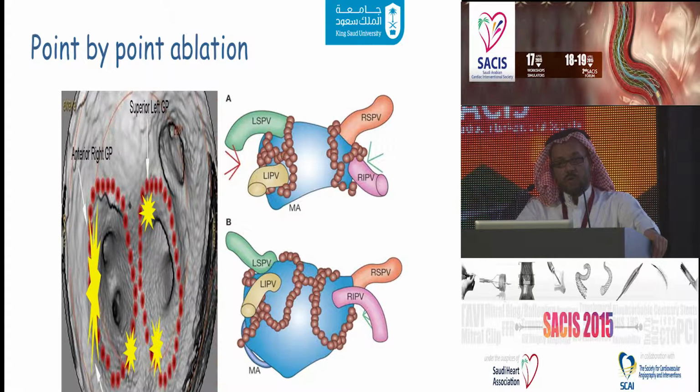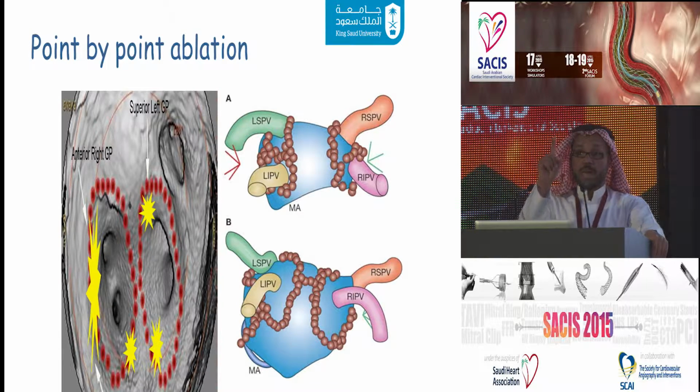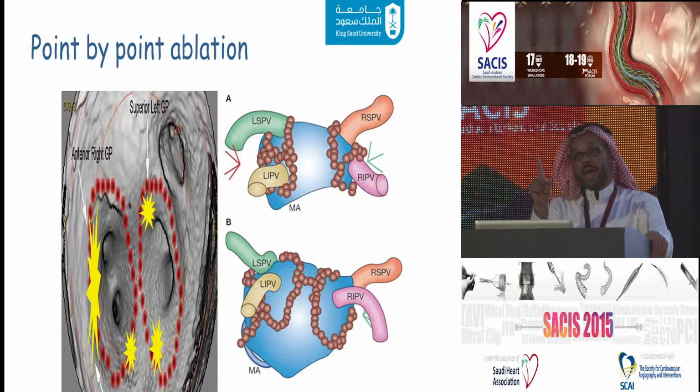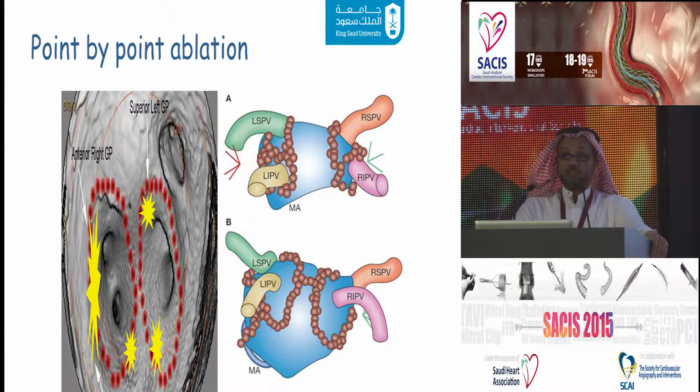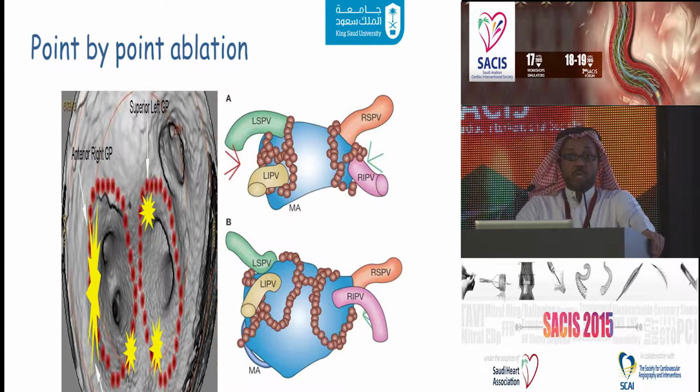In the past, before the era of 3D mapping, this was associated with a higher failure rate, because we were just blindly assuming that we really did a line and it's continuous. But the fact is that because we could not have validation, we left a lot of gaps, and these gaps can be a source of a reentrant circuit, or in your case, it could be incomplete denervation of the renal artery, if you would.